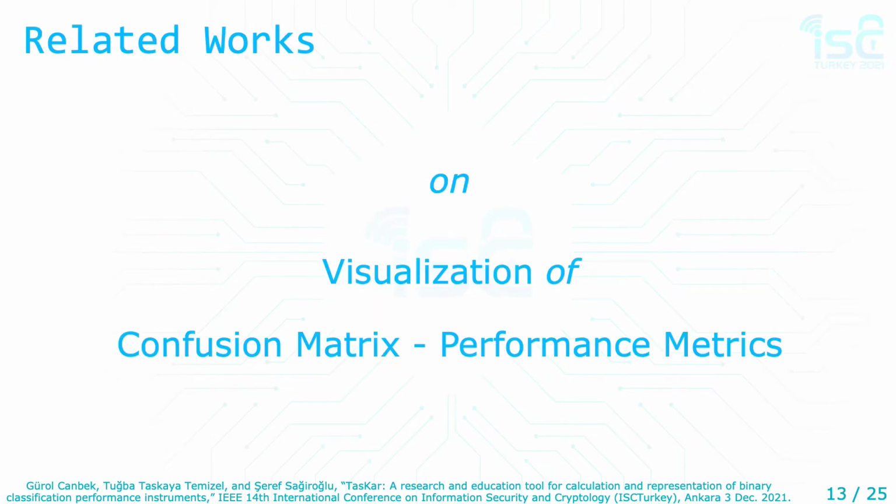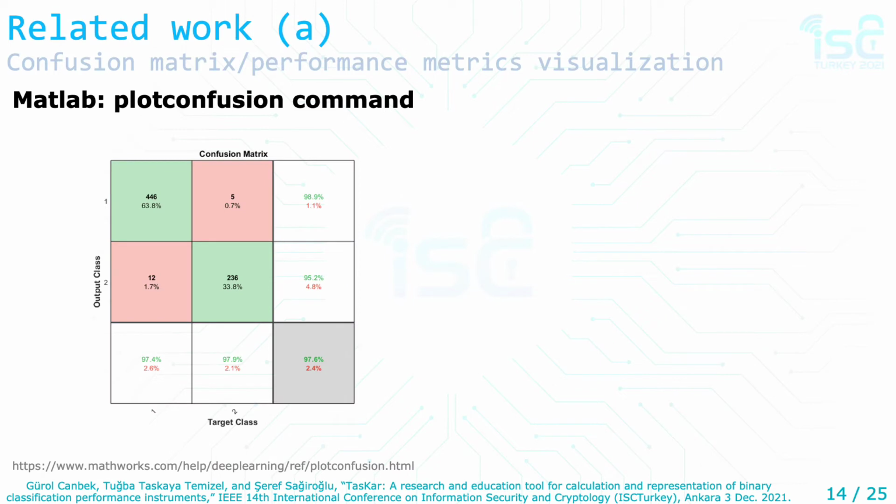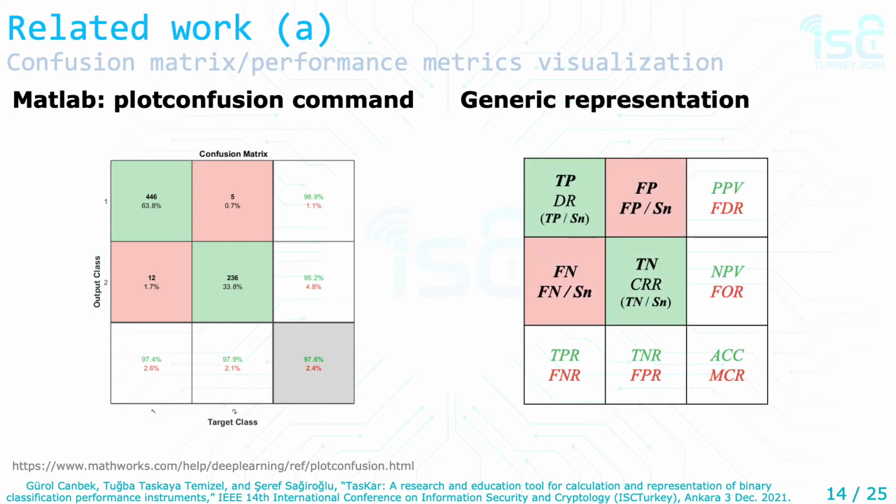Before going into the second contribution, I would like to summarize the limited number of related works on visualization of confusion matrix or performance metrics. The first representation is from MATLAB, an engineering software package. A plot confusion command simply displays the confusion matrix and some of the performance metrics in a tabular format.